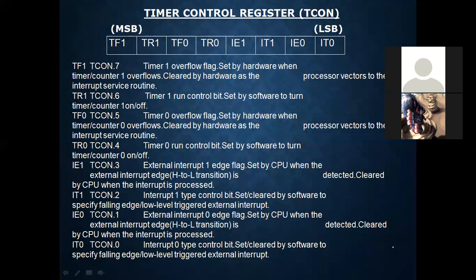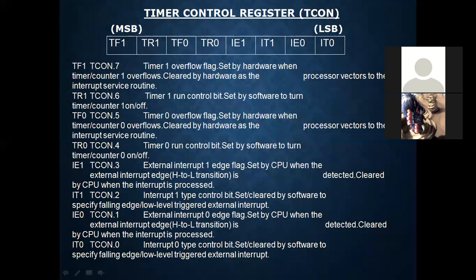So now we will see, just getting back to the thing. There are four modes. When M1 M0 is 0 0, then it is mode 0; 0 1 is mode 1; 1 0 is mode 2; 1 1 is mode 3. Clear?